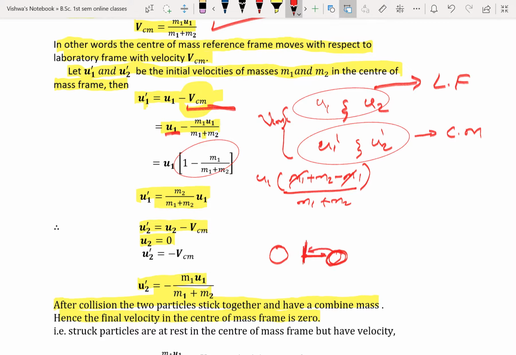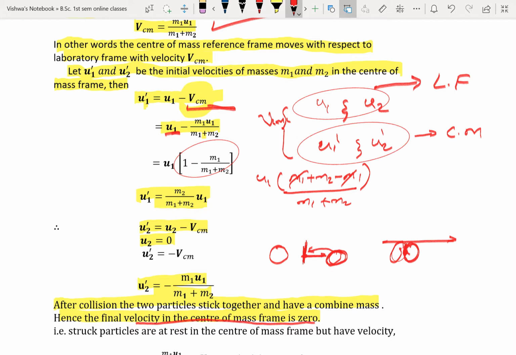After collision, these two particles stick together and the center of mass is here, so now they are moving. But since these two stick together, in the center of mass frame they look like they are at rest, while in the laboratory frame they have velocities. That is why we mention the velocity in the center of mass frame is 0.